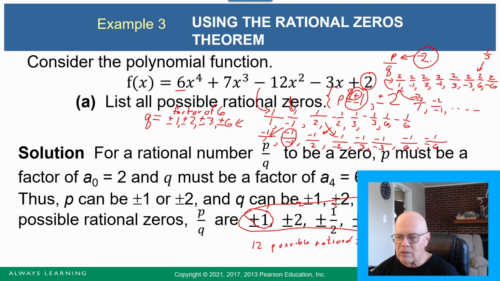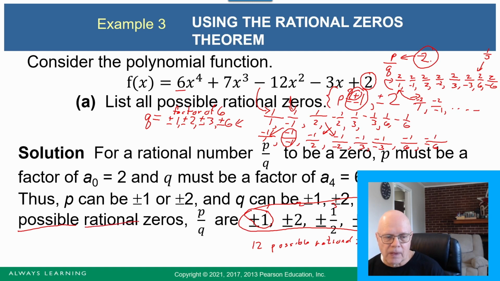Run through all those and see which ones give you possible rational zeros. Now remember, it's possible fractional zeros. And we're not talking about square roots of 3, nothing like that. It has to be a rational number, one that has an integer on the top and the bottom. So that should feel pretty good.